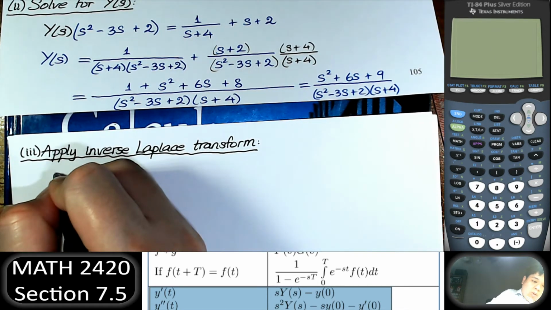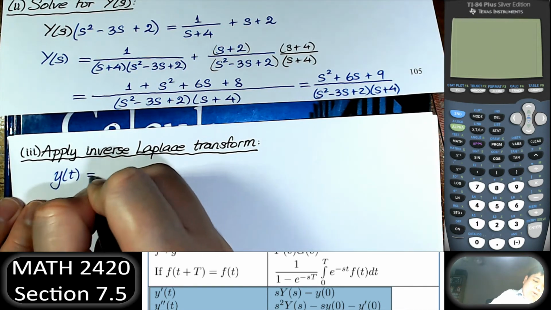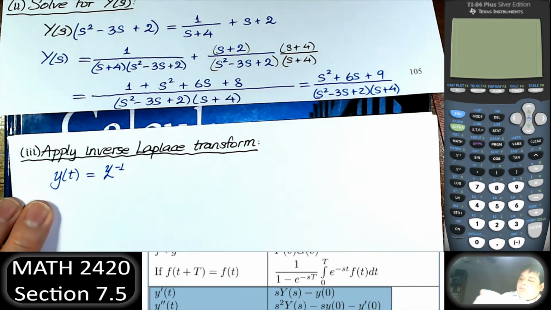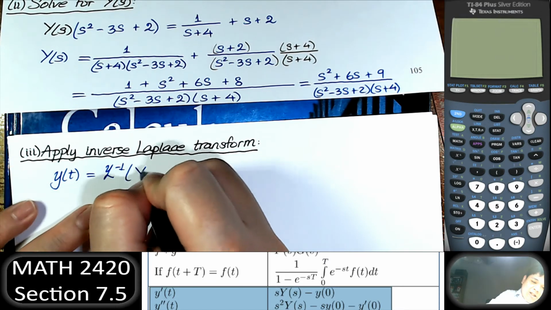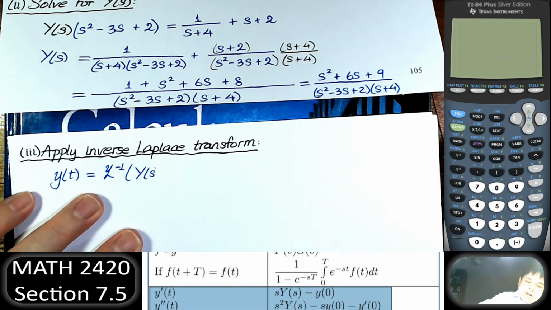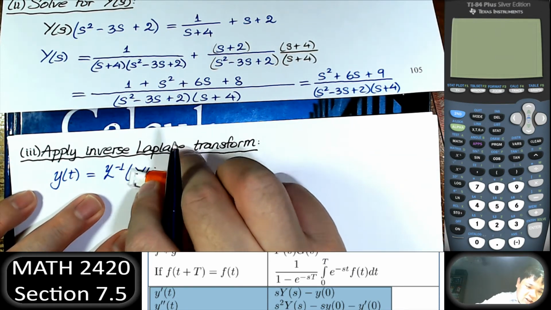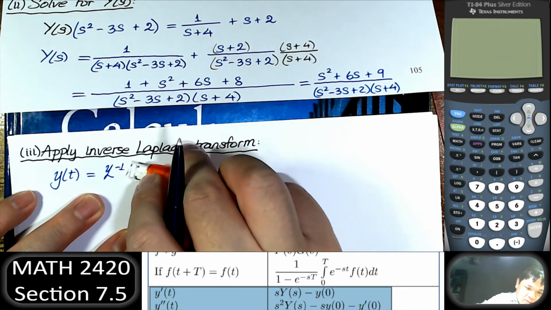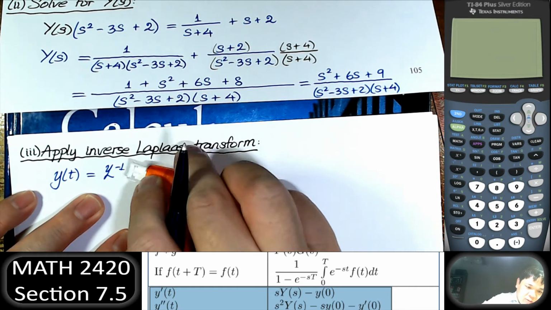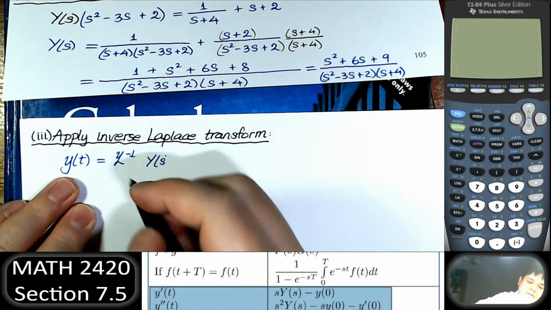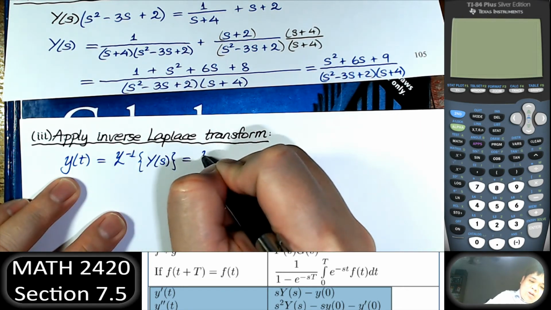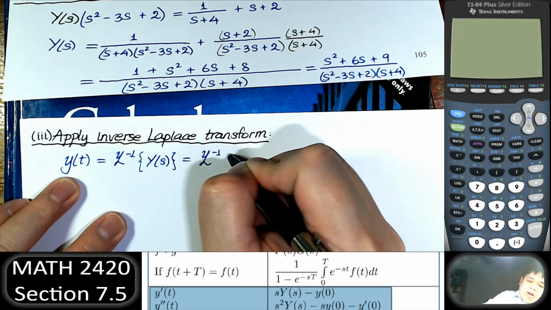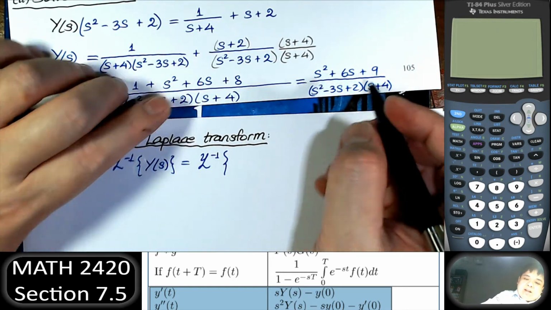So y of t would be the inverse Laplace transform of y sub s, in curly brackets, which is the inverse Laplace transform of that.